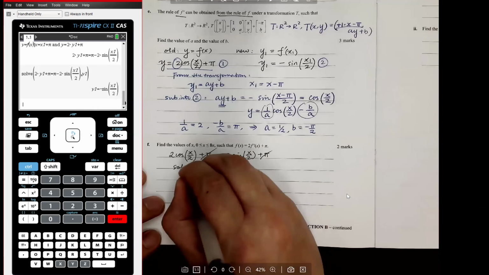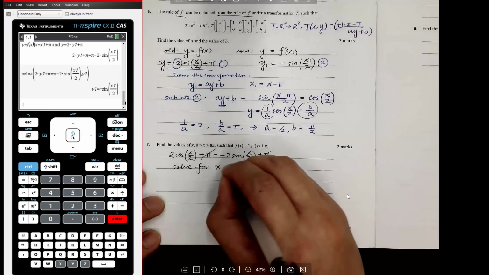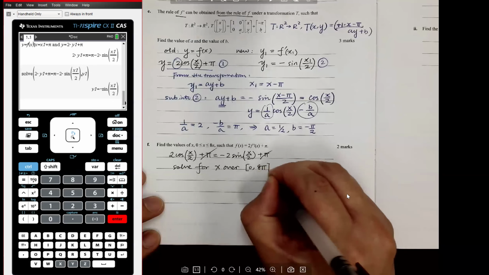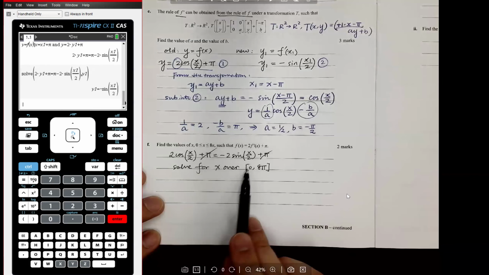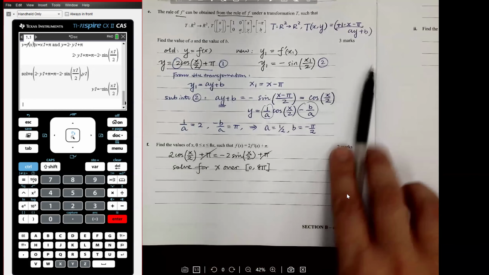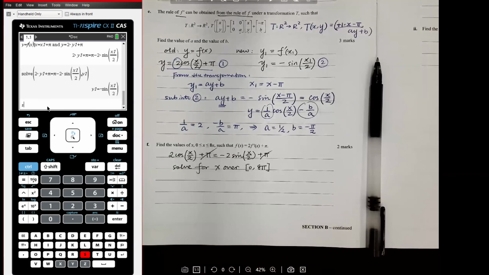Just say solve for x over 0 to 8 pi. Actually, I would prefer this one be a round bracket because the domain of f dash is a round bracket anyway. We say solve 2 cosine of x on 2 equals minus 2 sine x on 2, comma x, given that 0 less than or equal to x less than or equal to 8 pi.